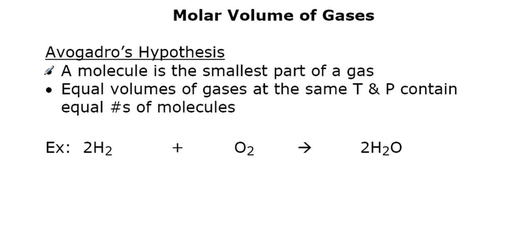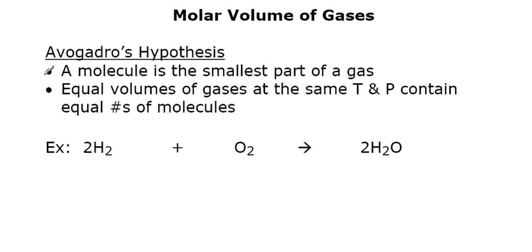But he realized through experiments that if you have equal volumes of gases, didn't matter what gases they are, the same volumes of them, and if they were under the same temperature and pressure, it means they would have equal numbers of molecules. And so that's important because now recognizing that under certain conditions, you'll have the same number of molecules in the same volumes, and that we can use to calculate molar volume, which you'll see next.